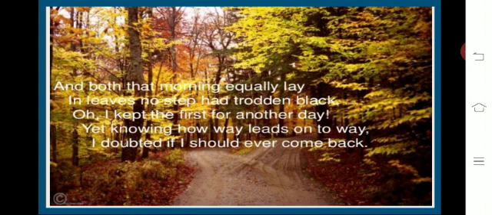Similarly, here the poet compares this thing to our life. Even in our life, once we choose an option, we must keep on moving ahead with that same option.